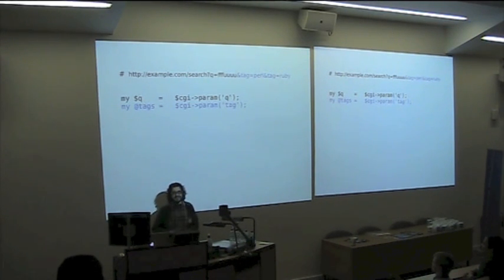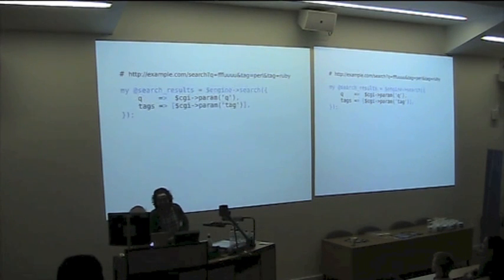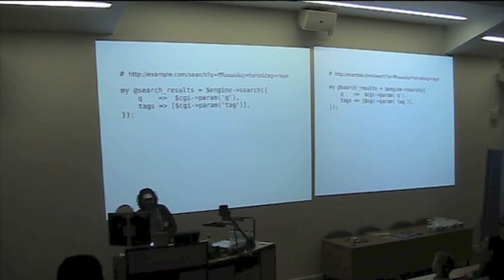But again, let's consider another simple change. So now we're using the form parameters to build an anonymous hash, which we're then going to use for actually searching with. And this still works until, oh wait, no it doesn't. What happens if some malicious user invokes this URL with two q parameters? Well, oops.